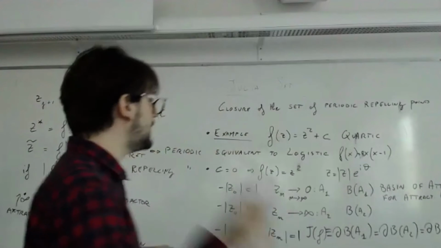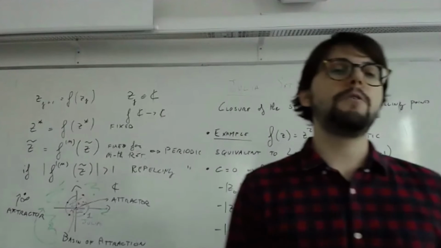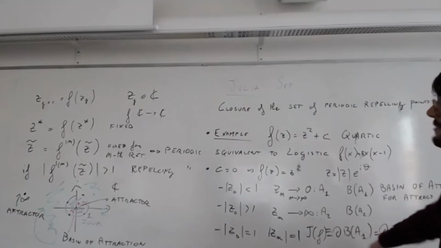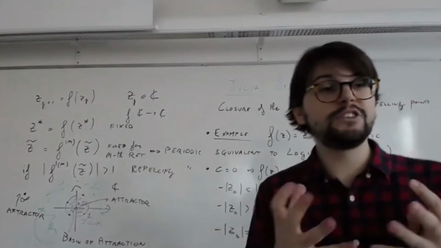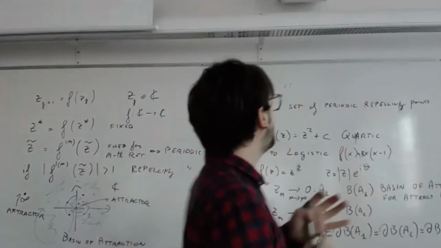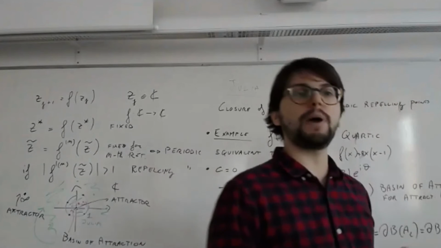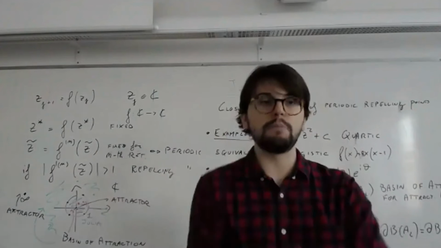It means that you have 3 basins of attraction, and then they have to share the same boundary. So the boundary is the closure of the repelling periodic points. If you sit on the boundary, you stay on the boundary.